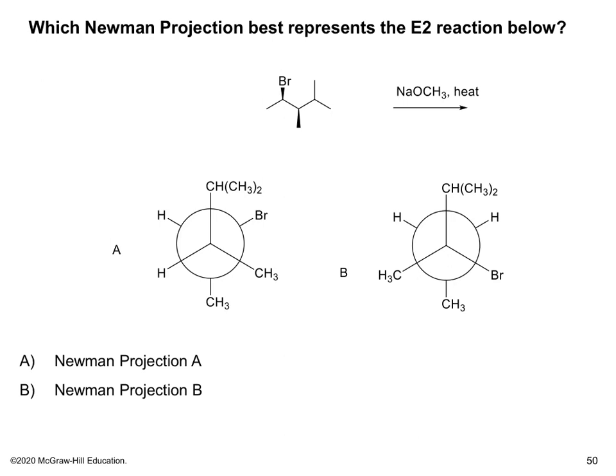Okay, so which Newman projection represents an E2 reaction below? Well, let's make sure that this is the right Newman projection. So this is that front carbon, and then your back carbon has the Br and the CH3, so that is correct.